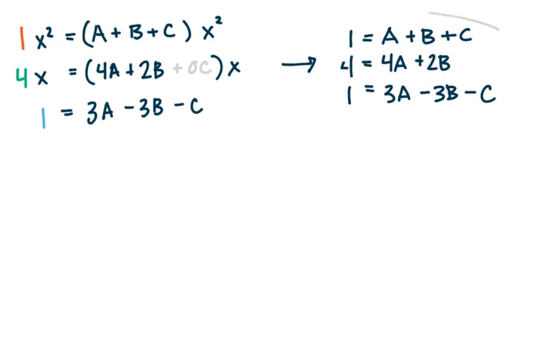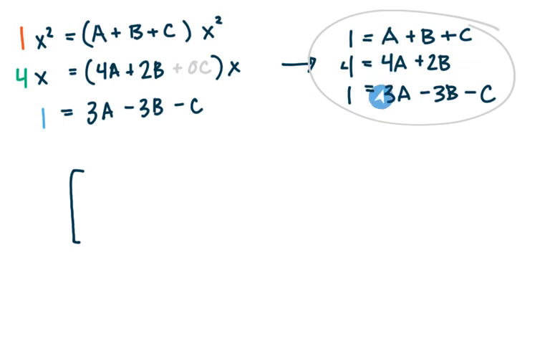So right now we are zoned in on this system of equations. You'll notice everything's organized. We have our constants on one side. We have our A's lined up, our B's lined up, and our C's lined up. And when we relate this to a matrix, we're only going to be using the coefficients. So I'm going to look at my coefficients for A, B, and C, and list those all organized.